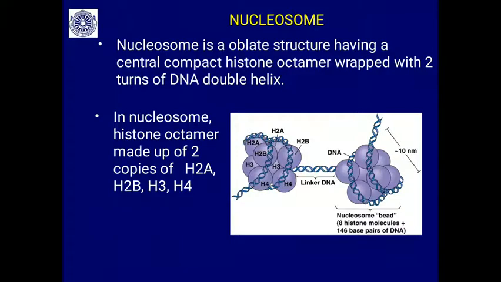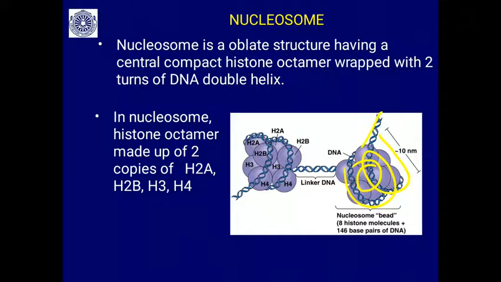So what is a nucleosome? A nucleosome is an oblate structure having a central compact histone octamer wrapped with two turns of DNA double helix. You can see in the center the histone octamer, wrapped with two turns of DNA double helix.